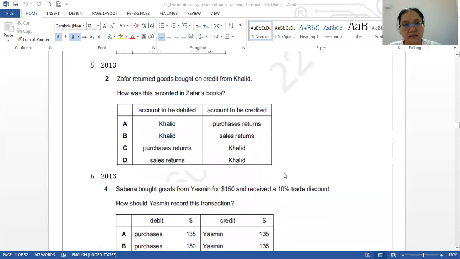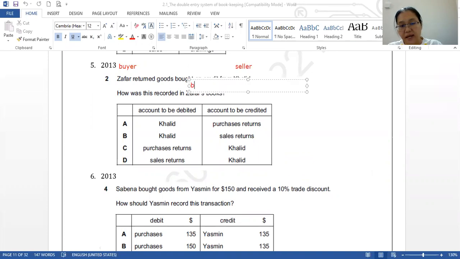Okay, next. Zafa returned goods bought on credit from Khalid. So Zafa is a buyer, and then Khalid is the seller. How was this recorded in Zafa's account?